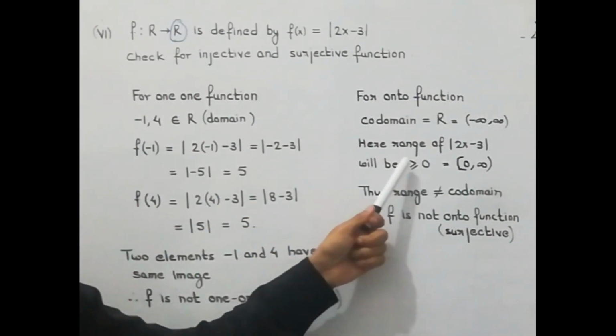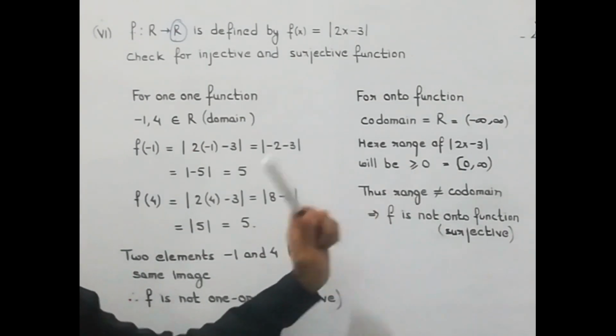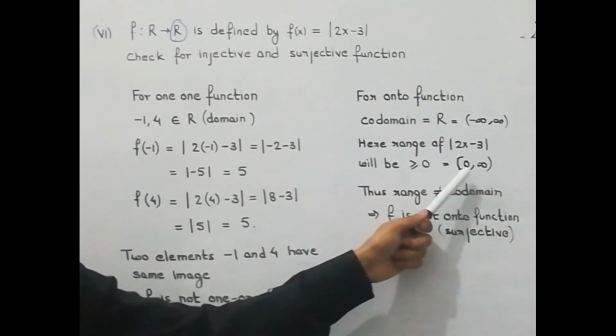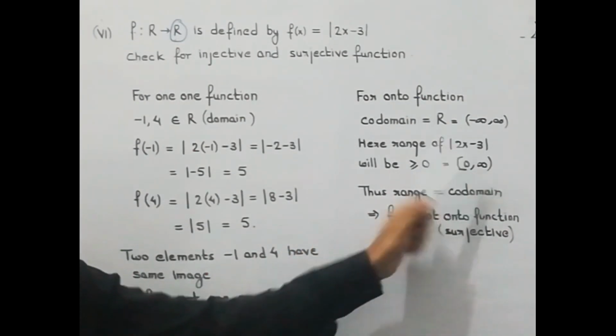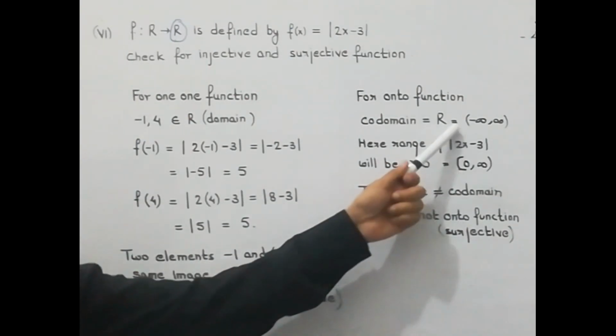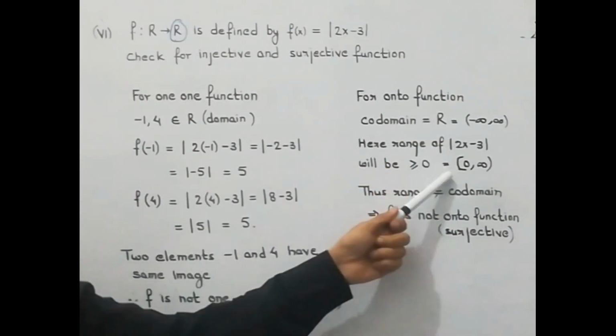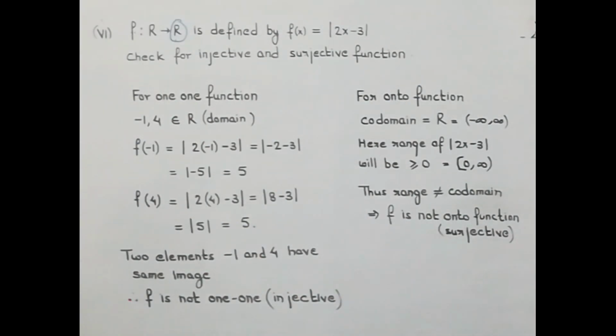So it will be either equal to 0 or greater than 0. So this is the range from 0 to infinity. So we can say that range and codomain, they are not equal, so the function is not onto. So you can note it down.